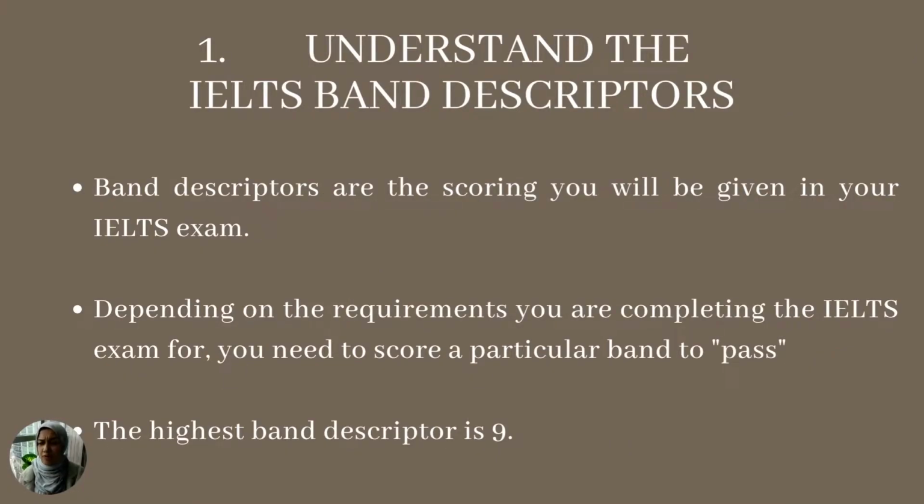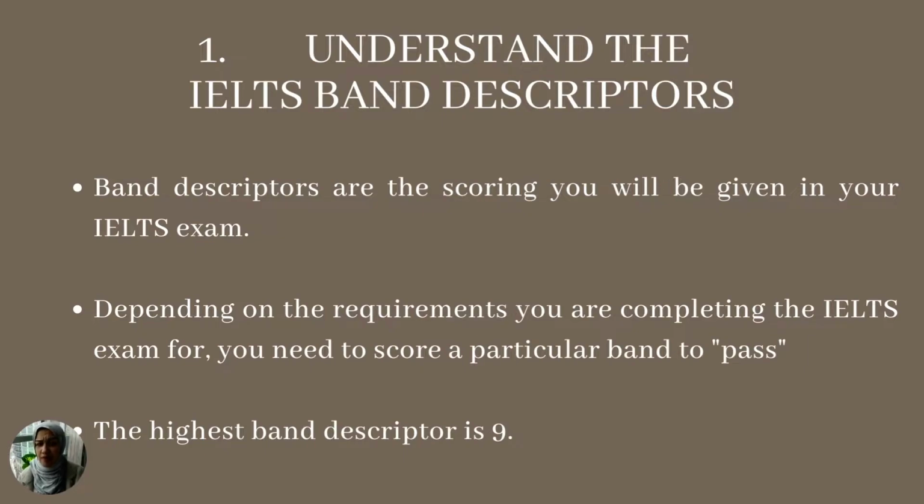The first step to scoring a Band 8 in the IELTS speaking section, Part 1 in particular, is that you need to understand the band descriptors. So if you don't know what the band descriptors are, this is pretty much the criteria the examiner will follow. So the scoring criteria the examiner will follow to give you a band score.